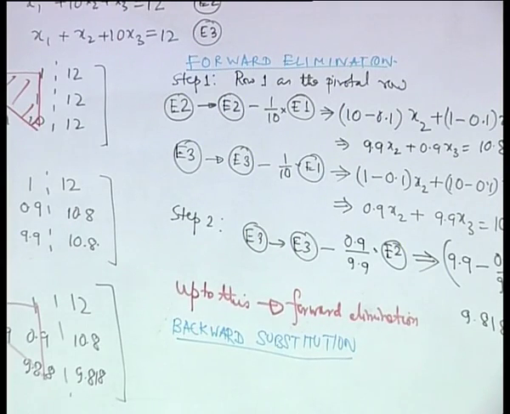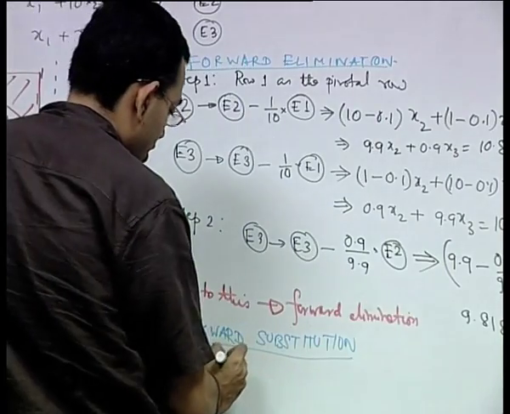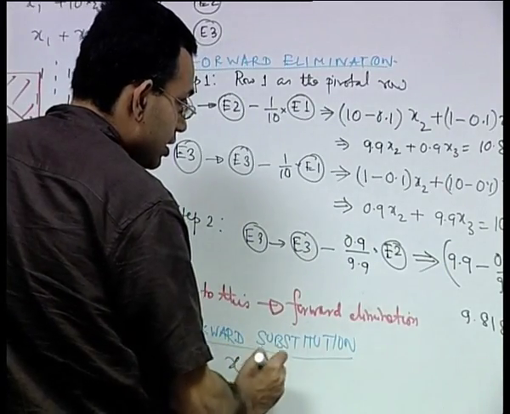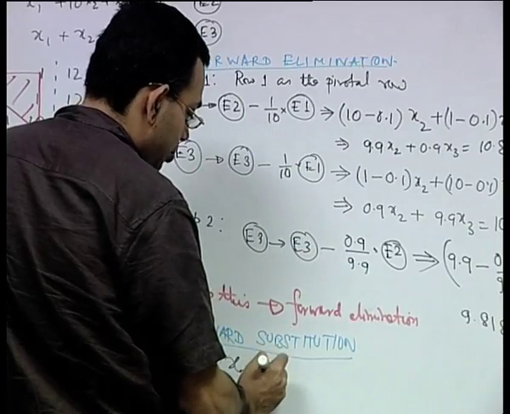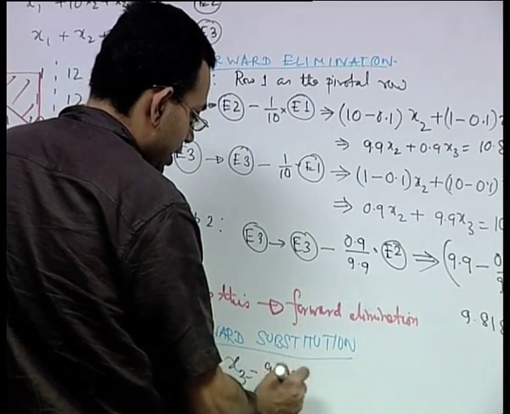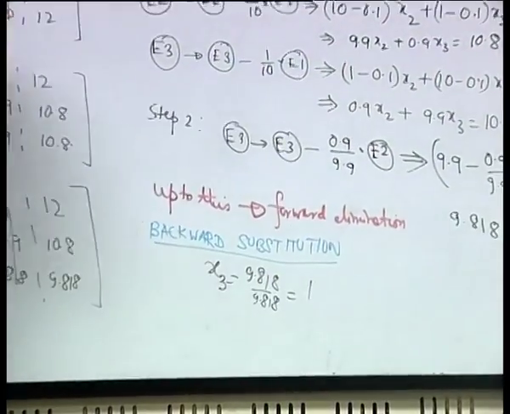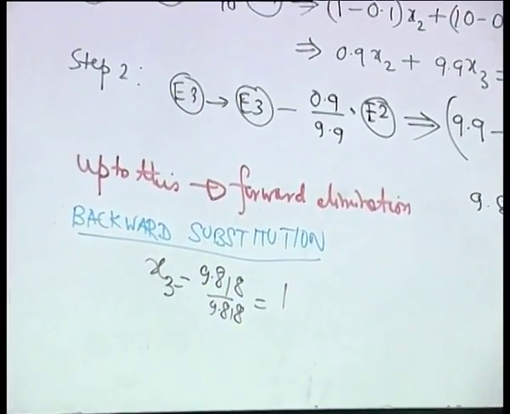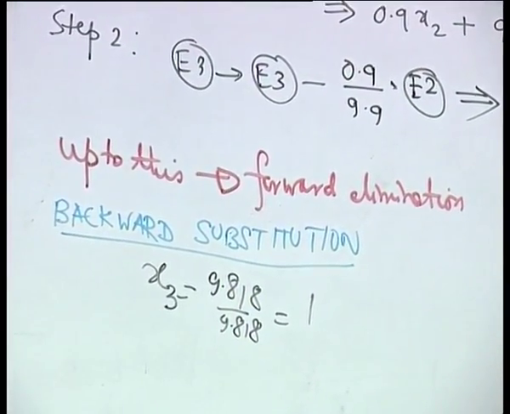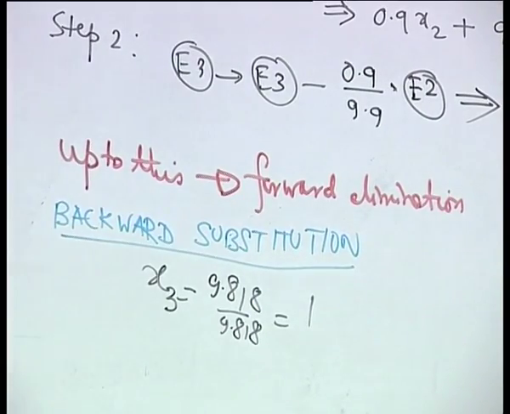So, for backward substitution we have x 3 is equal to 9.818 by 9.818, that is 1. This is from new E 3.